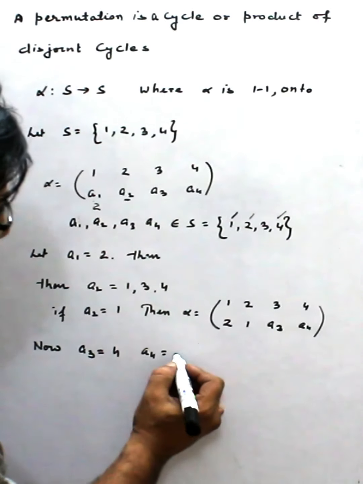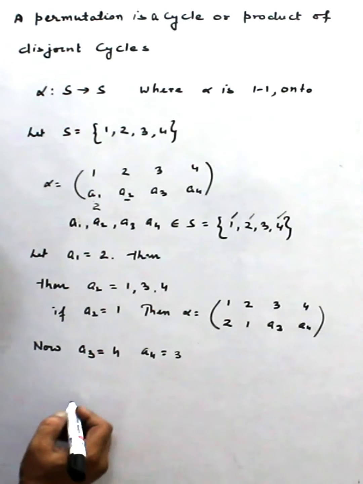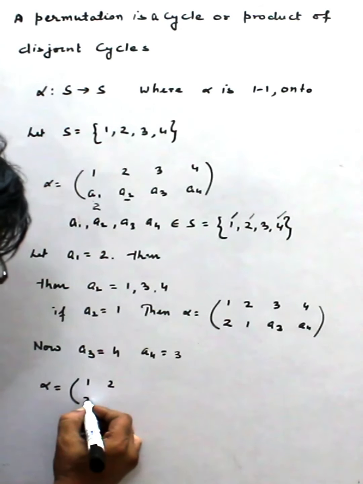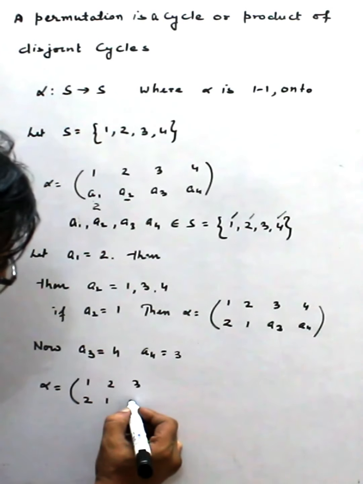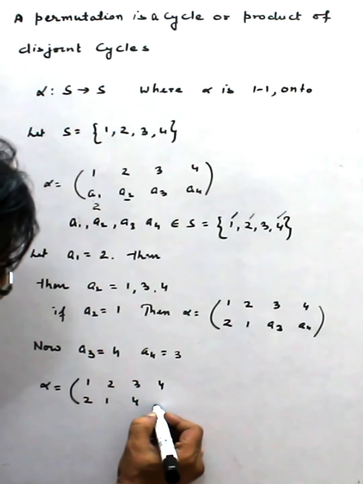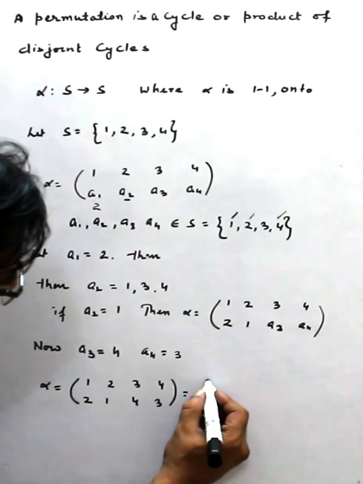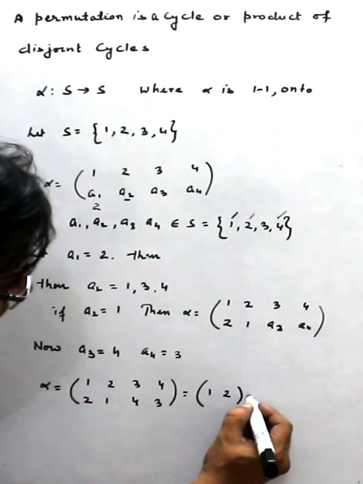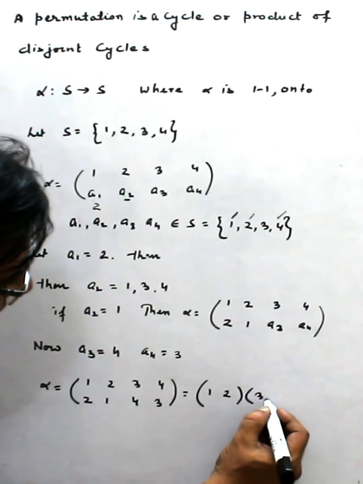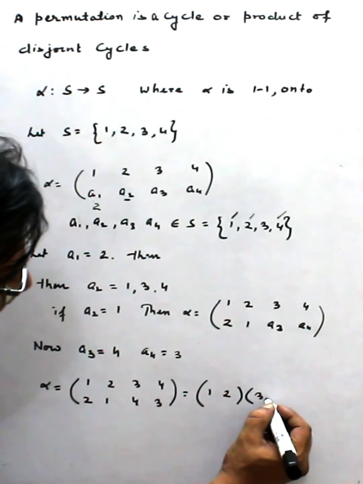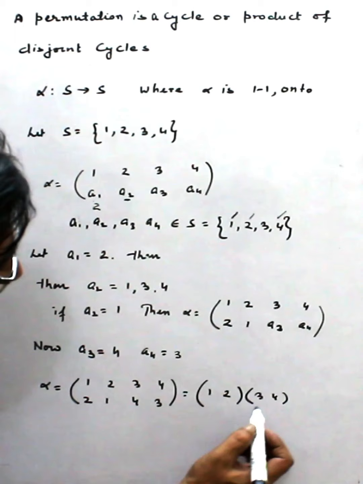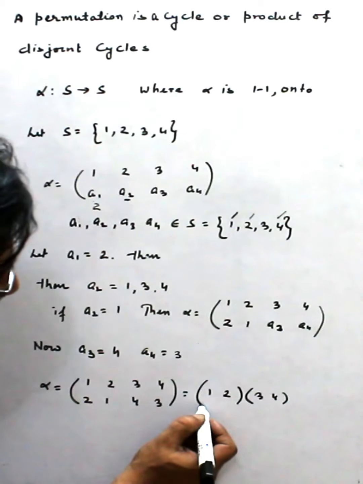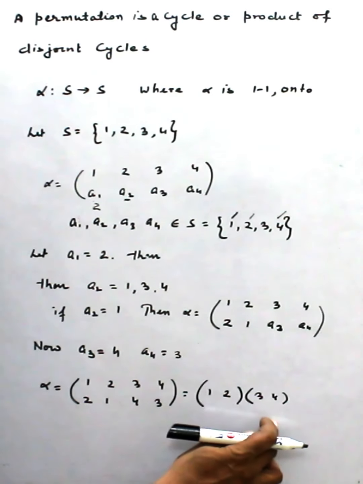Only 3 is possible, and in this case alpha becomes 1 2 2 1 and 3 goes to 4 and 4 goes to 3. That means we can write it as (1 2), one cycle, and (3 4). So 3 goes to 4 and 4 comes back to 3. This is the product of two disjoint cycles.